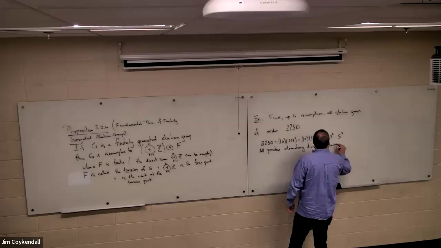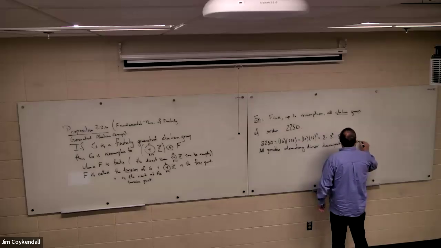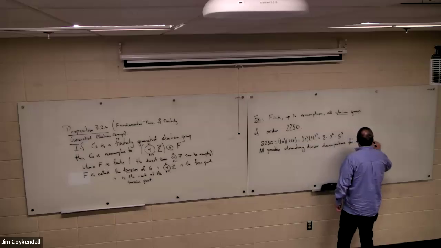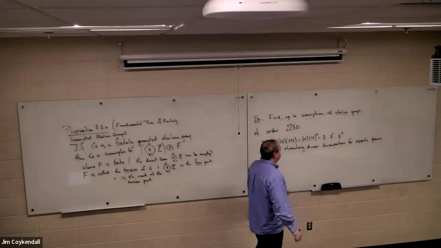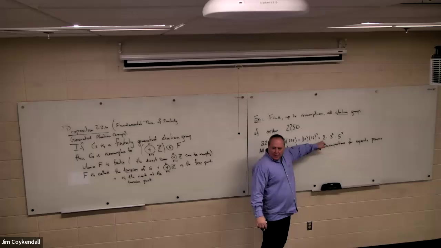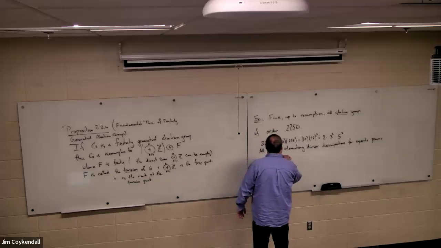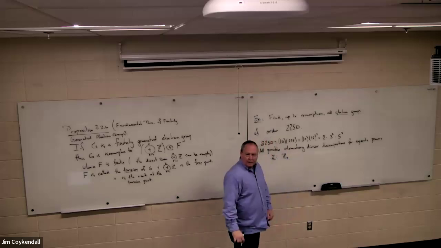How many groups of order 2 are there? I know there's only one, right? So for 2, I have only Z2.